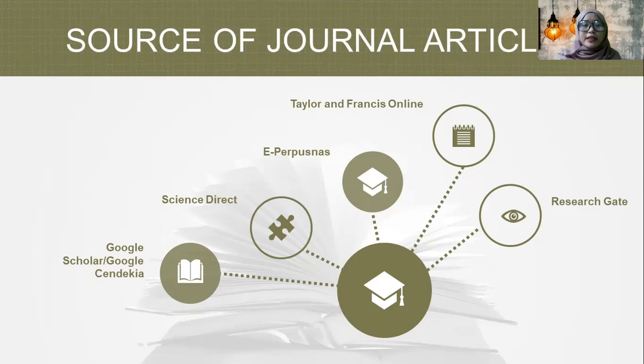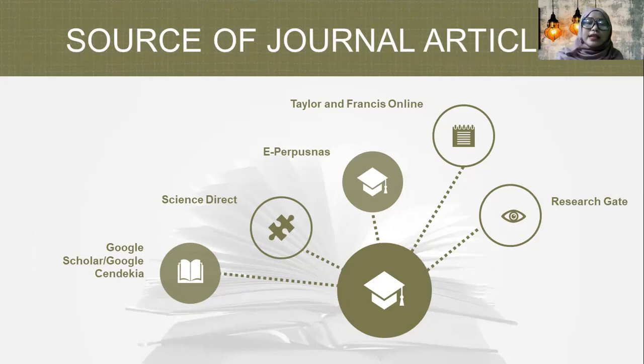And then if you do not find any articles related to your topic on Google Scholar, you can go on to the second option, Science Direct. In Science Direct, the same, you open it through Google, and there is a column or space where you could write the keywords.